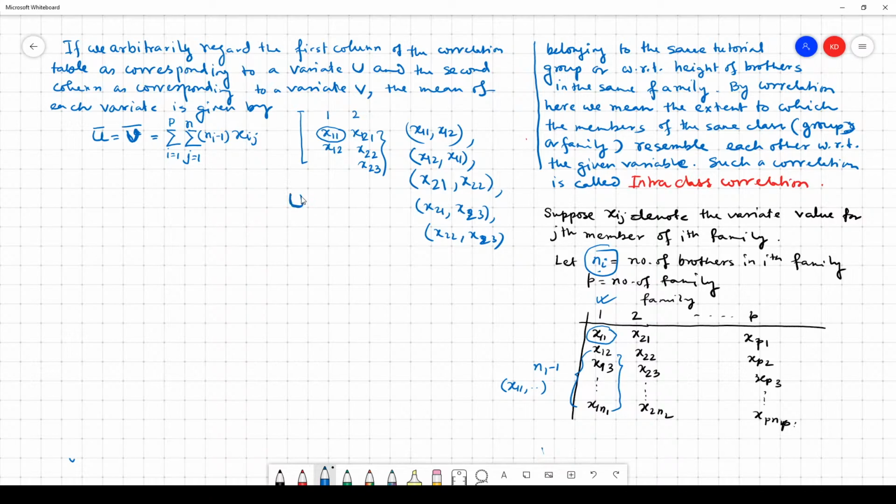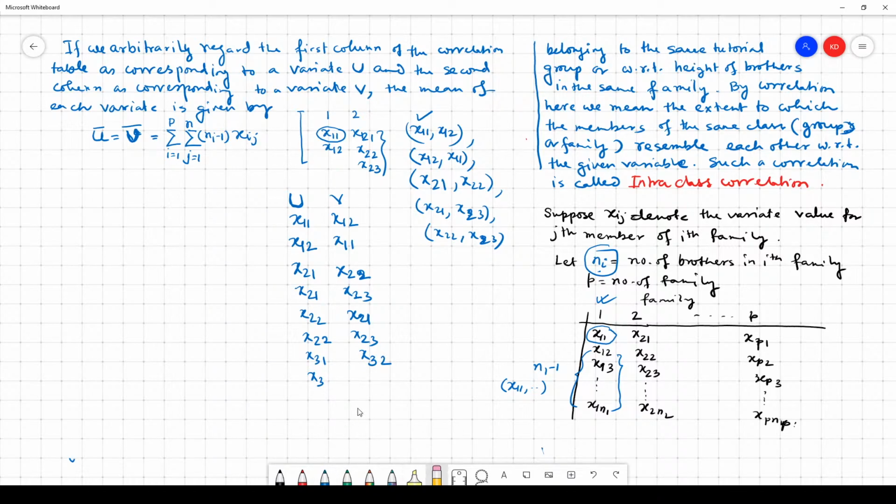So U is x11, x12, x21, the first element of the pair. x11 appears 2 times, then automatically you write V as x12, x11, and when you consider x21 it should be x23, x22, and so on. When U is x22, V should be x21, x23, then x31, x32 and x33.